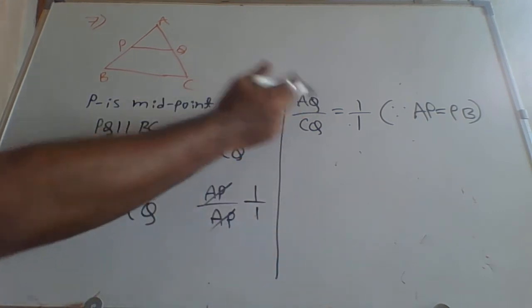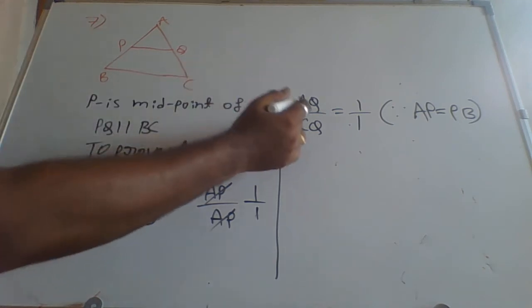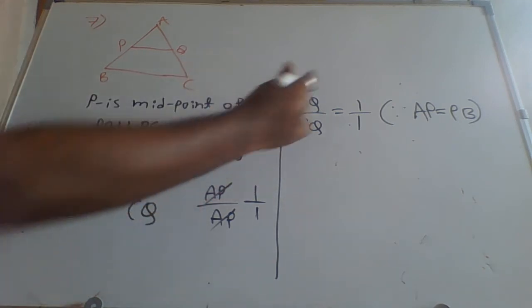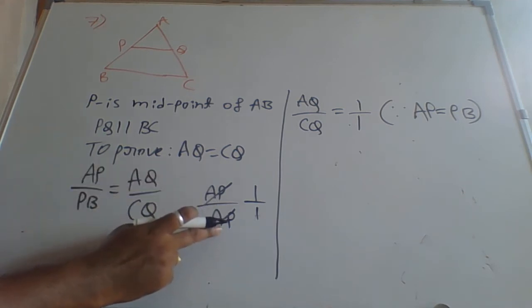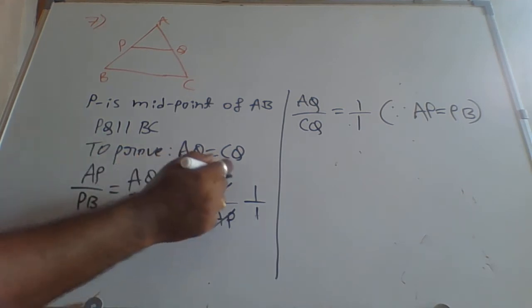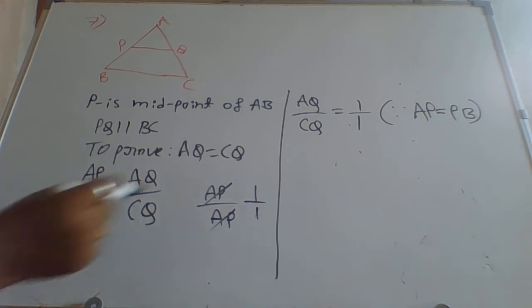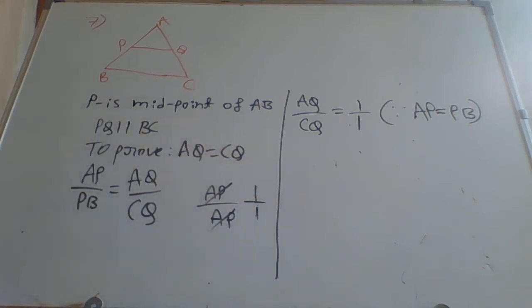Therefore AQ by CQ is equal to 1 by 1, because if you consider AP in the place of PB, you can cancel AP by AP and get 1 by 1.